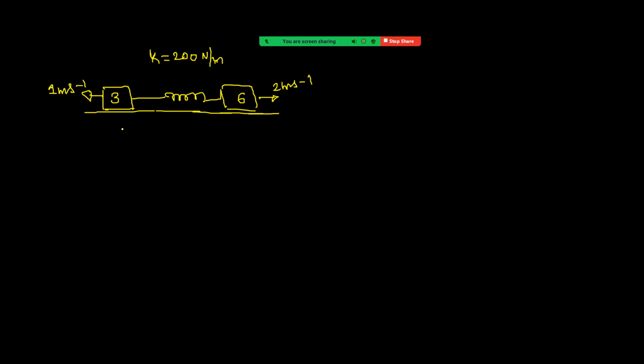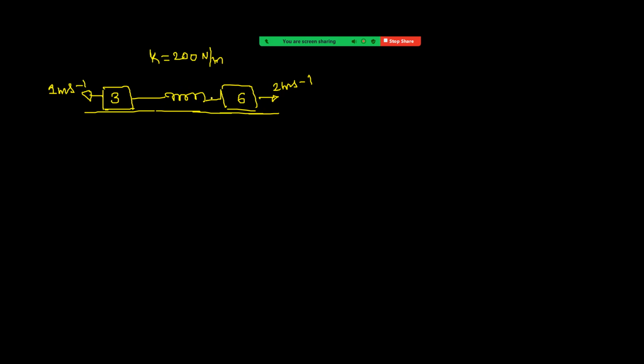Right. Let us see. When you are taking center of mass frame, momentum of the system is always 0 in center of mass frame. Right. Now we can see given velocity is 1 meter per second and 2 meter per second. When spring is having maximum elongation, what will be their velocities?